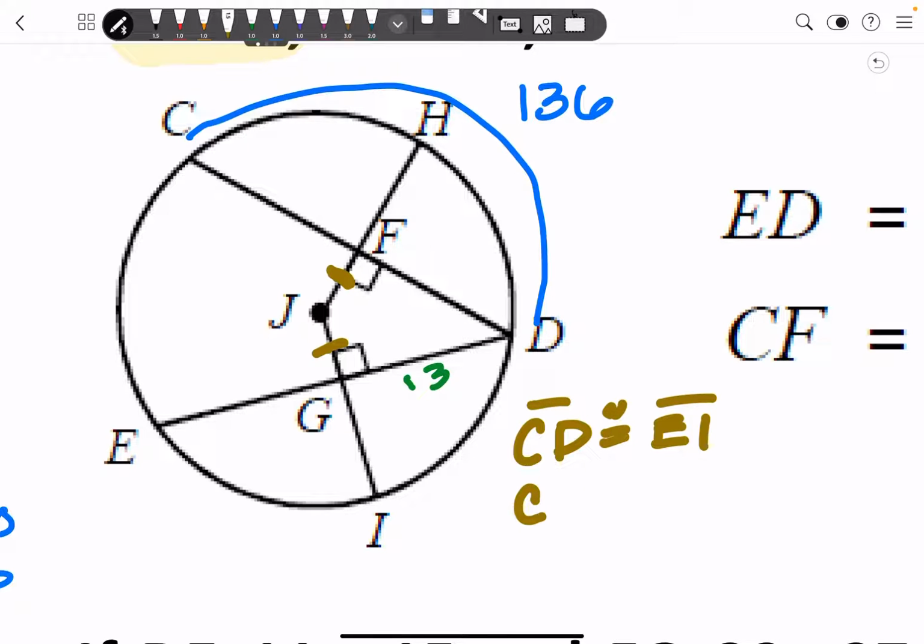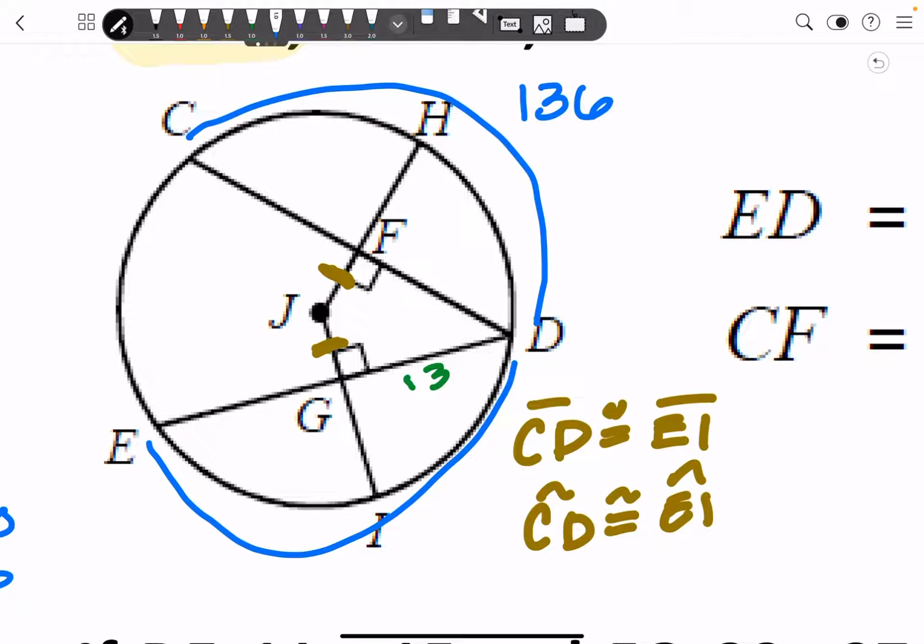That means it's going to cause a domino effect, and it's going to state that arc CD is also congruent to arc EI. You see how it's a domino effect? As long as it's equidistant from the center, it causes both of the theorems to happen then. Okay? So that means all of this is also going to be 136.